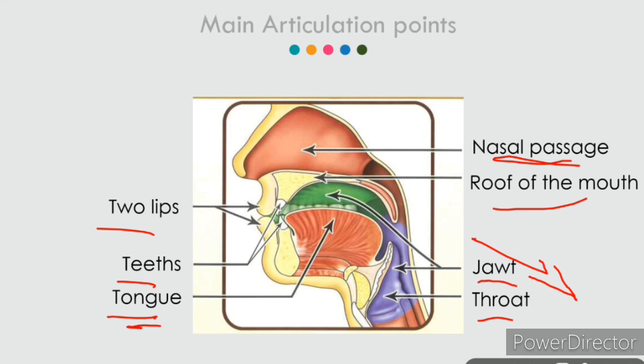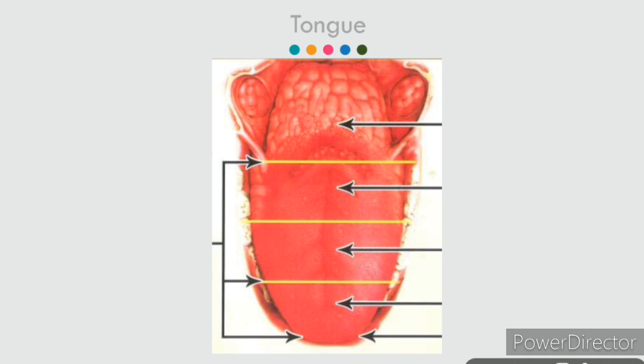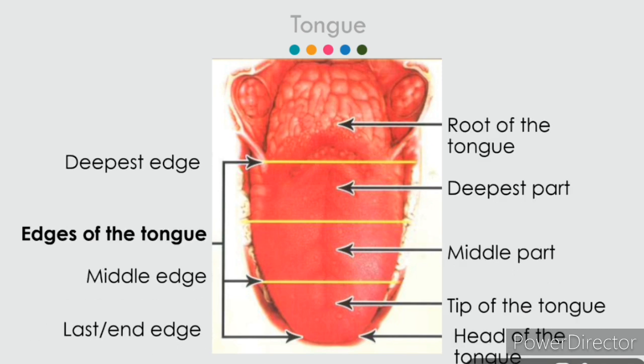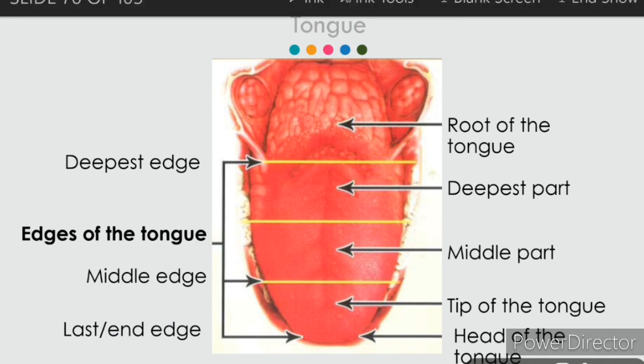So let's continue. The tongue, as you see here, contains lots of parts or origins we have to know before we start knowing about the tongue articulation point. Number one, the root of the tongue, which produces the letters ghayn and kha.